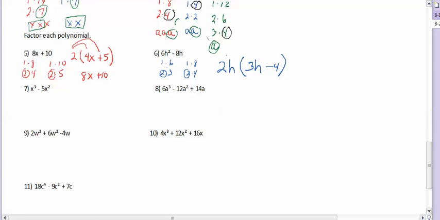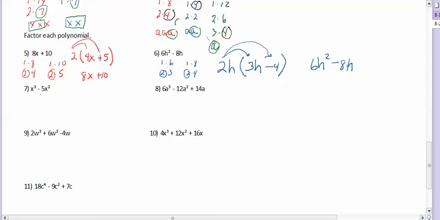So now when I multiply this, I go 2 times 3 is 6, h times h is h squared, then 2 times negative 4 is negative 8h. Again, they gave me the answer. I wanted to know, where did it start? How did they get 6h squared minus 8h? Okay, let's try the next one.